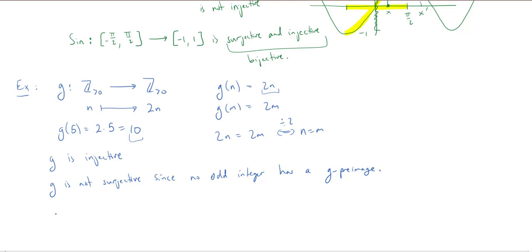So if we write down a separate function, I'll call it capital G, the domain is still the positive integers, but the codomain now is going to be the positive even integers. I denote that by writing a 2 in front, because every even integer looks like 2 times something. So these are positive even integers.